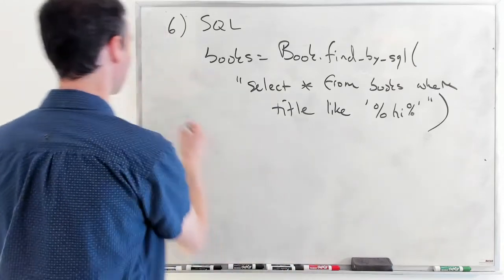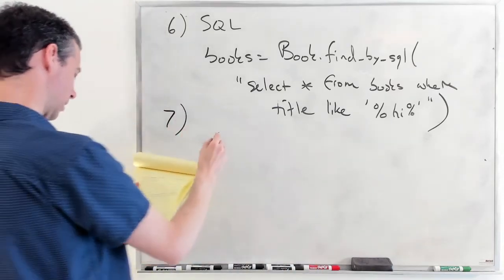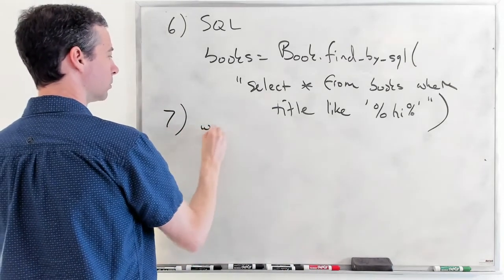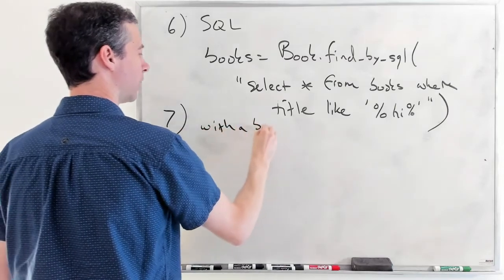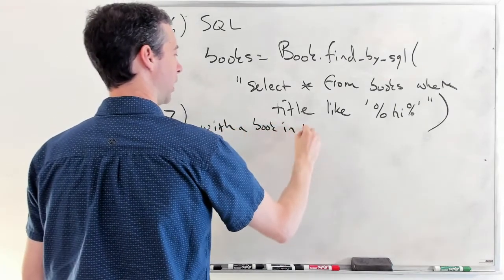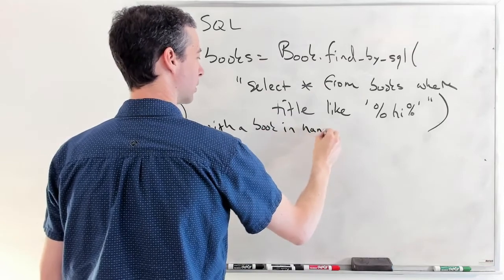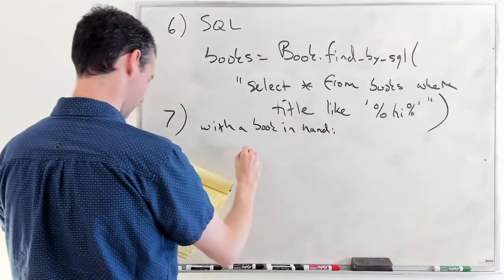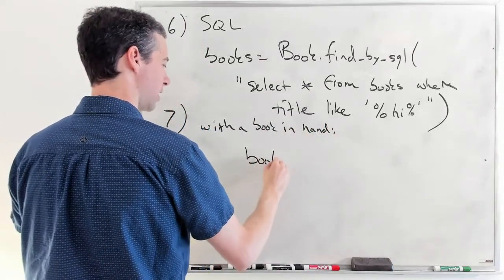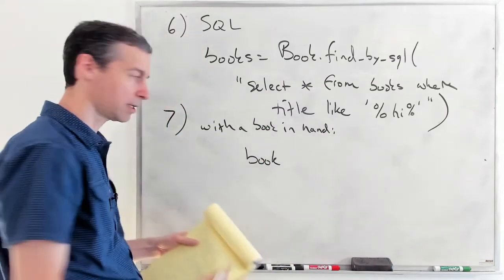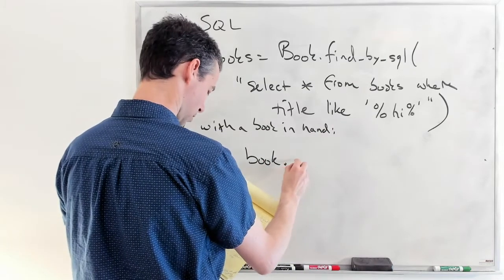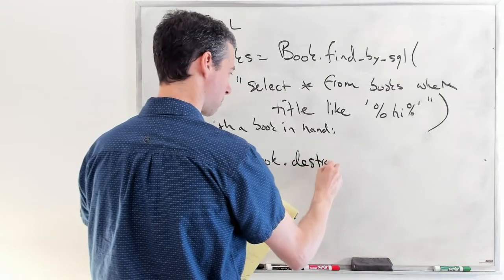We can destroy books. We can delete them. So with a book object in hand, or an instance of a book, if we've got one and it's been instantiated and it relates back to the database, we can simply call book.destroy.